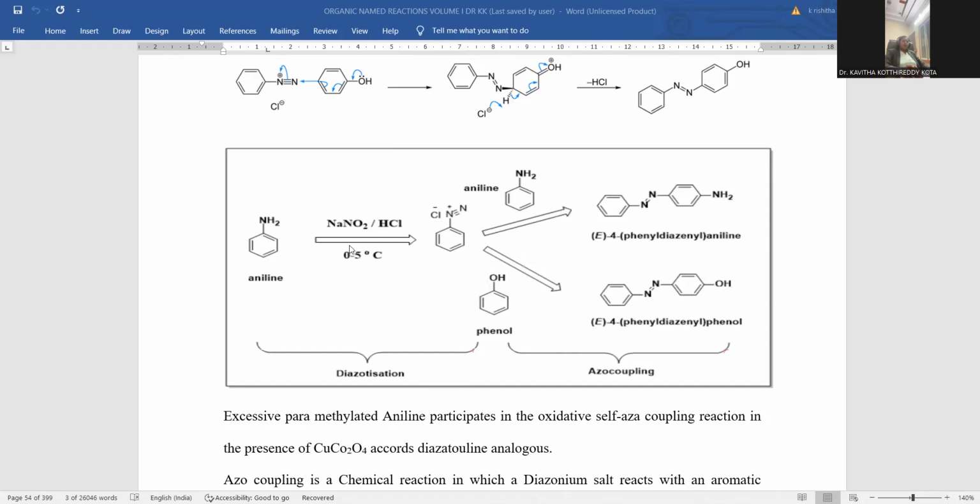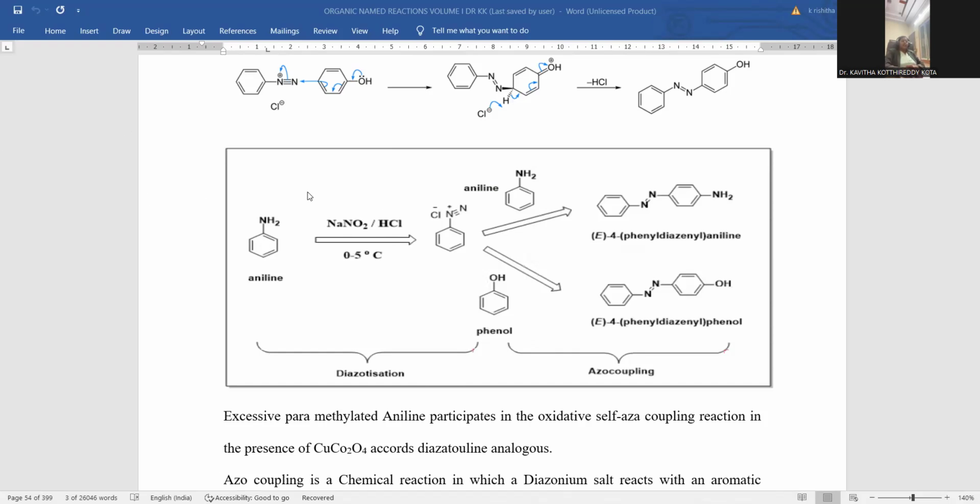So aniline is to be treated with sodium nitrite and hydrochloric acid. Sodium nitrite and hydrochloric acid together are able to generate HNO2, called nitrous acid. Nitrous acid is not available anywhere in the market. You can't purchase it. Rather, it has to be synthesized in situ, within the reaction only, being short-lived and unstable, so that it is immediately oxidized by air into nitric acid.